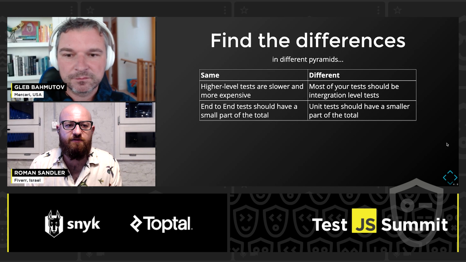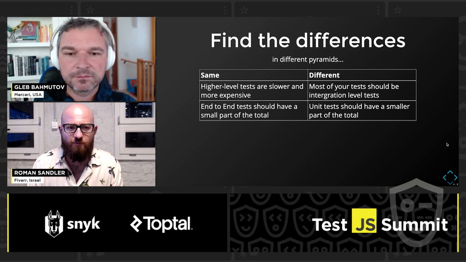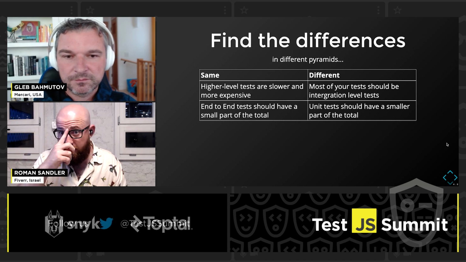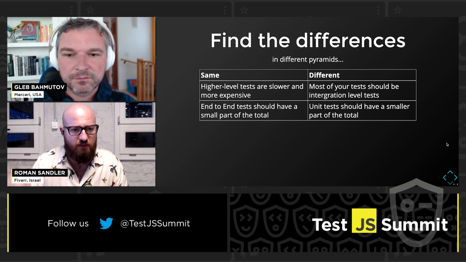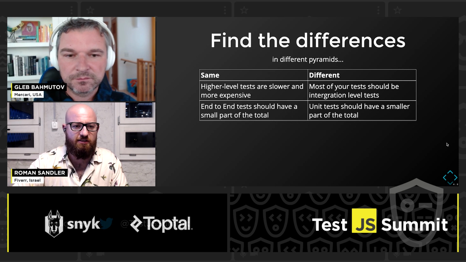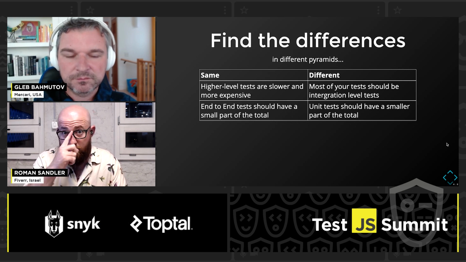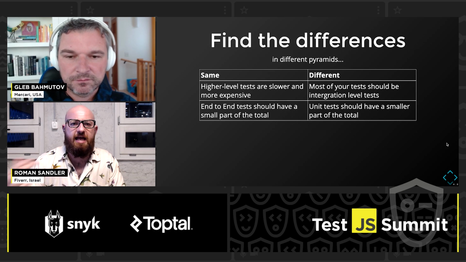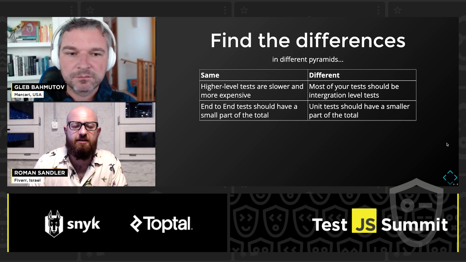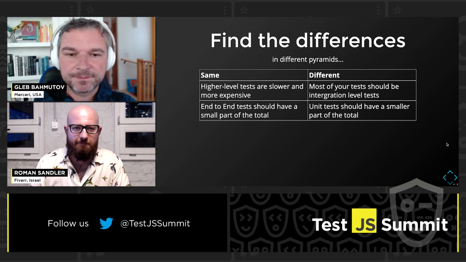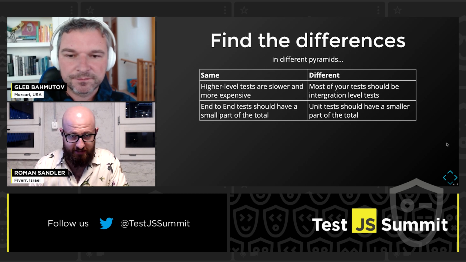From my perspective, it's still this core idea, this paradigm that higher level tests are slower and more expensive. A good example of this is that end-to-end tests, both in the original testing pyramid and the testing trophy, still get the smallest part, just like the tip of the pyramid. And I think that comes from the same idea, essentially.